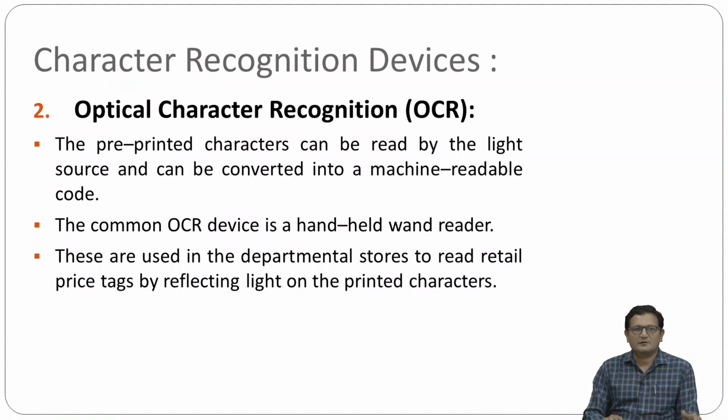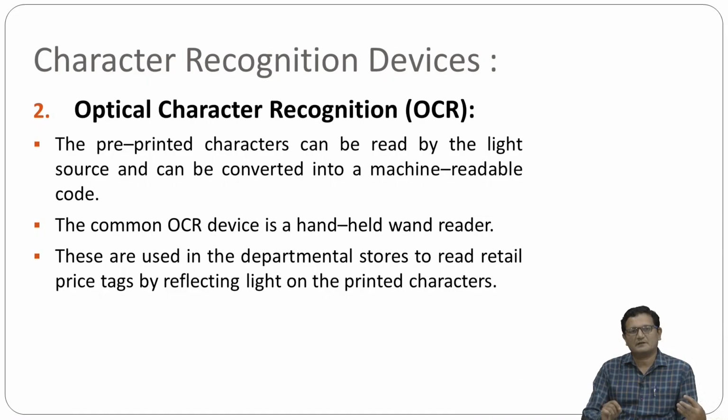One more thing is called optical character recognition. Here the same flatbed scanner is used. Suppose you have any document, you just put that document in the scanner and take an image of it. Once the image is created, the software will try to recognize the characters from the image.